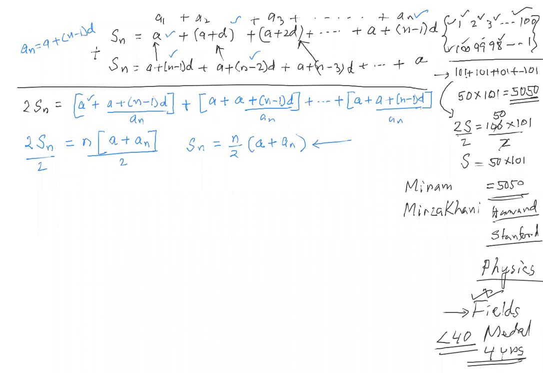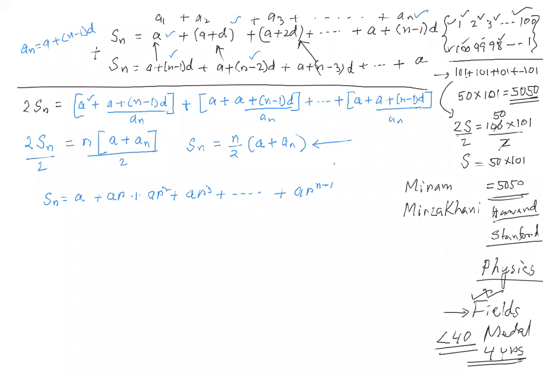So what is the geometric sequence? Remember, S sub n, the partial sum, is going to be A plus AR plus AR squared plus AR cubed plus up to AR to the power n minus 1.